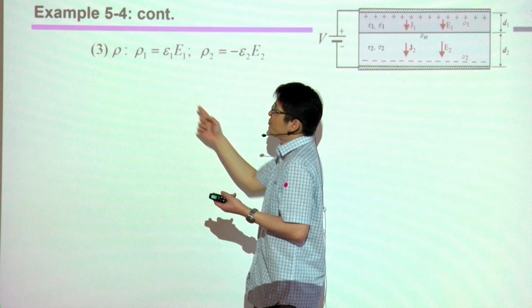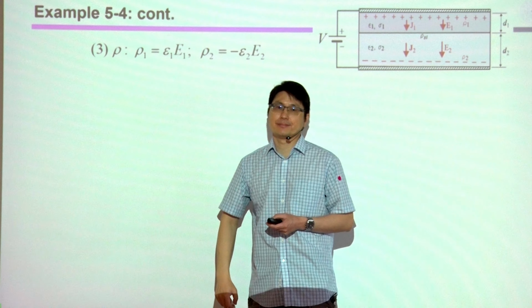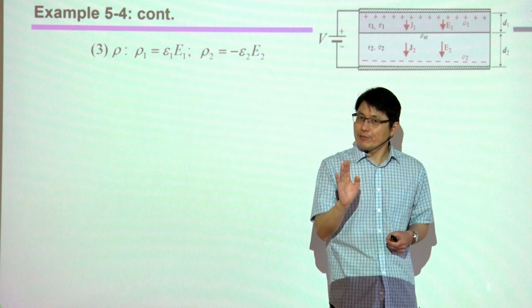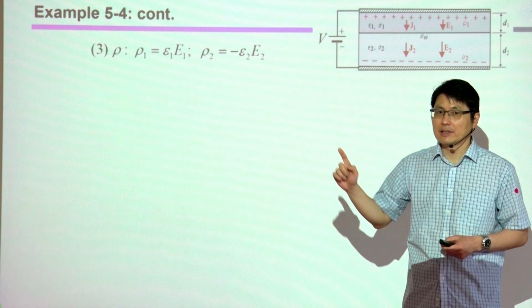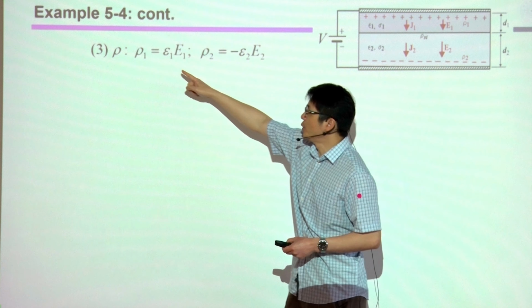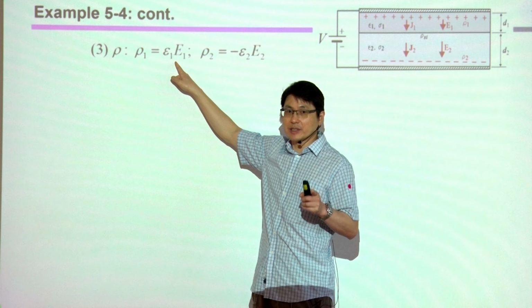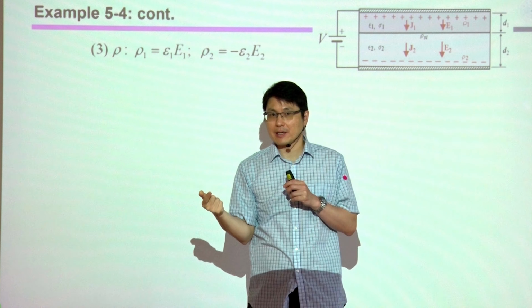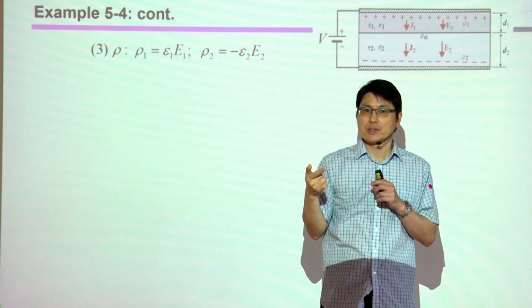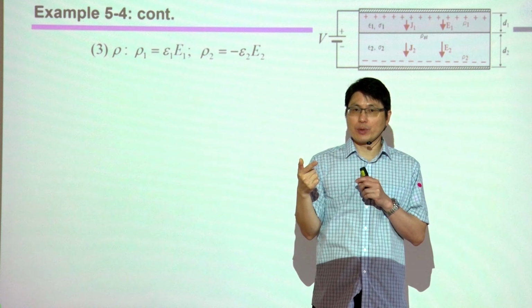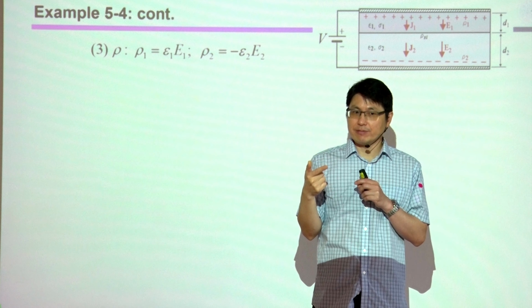It's directly given by epsilon 1 E1. If you have problem knowing why rho 1 is equal to this one, this is really the time for you to go back to the boundary condition for E fields.